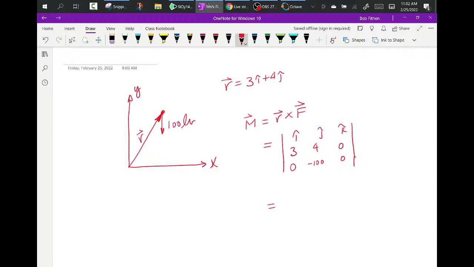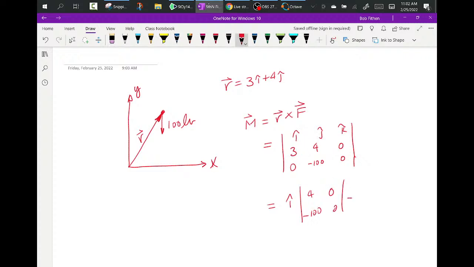So in fact, what we get is an I that has, you X this out and this out, you're only left with this. And you would get a 4, 0, minus 100, and 0.